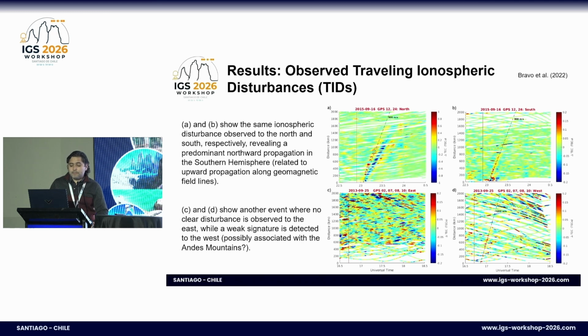In the bottom row, panels C and D show another event where no clear disturbance is observed in the east, on the left panel, while a weak signature is detected in the west, possibly associated with the filtering by the Andes Mountains.